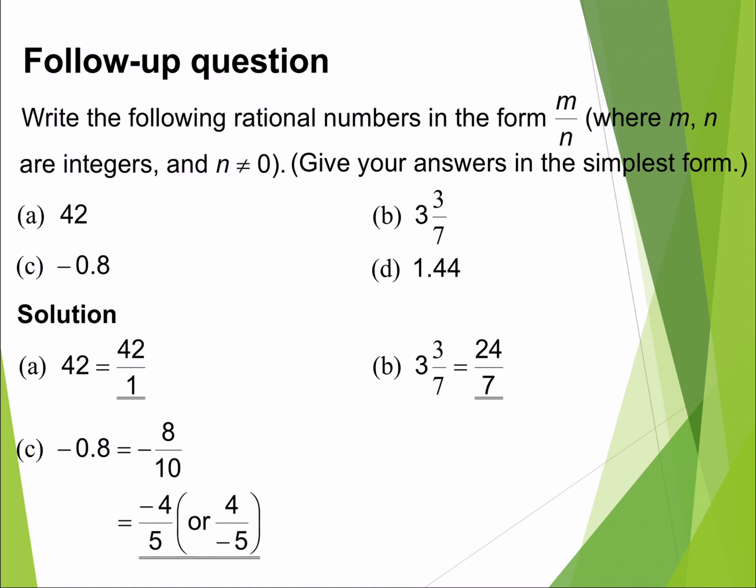It equals negative 4 over 5. In part D, 1.44 equals 144 over 100. So simplify: 36 over 25. So the fraction, the integer, the decimals, they are all rational numbers.